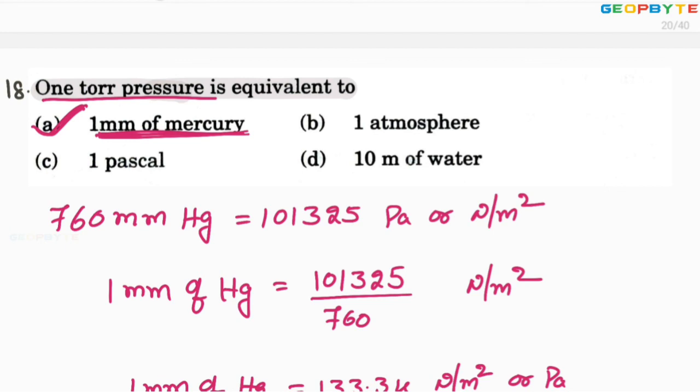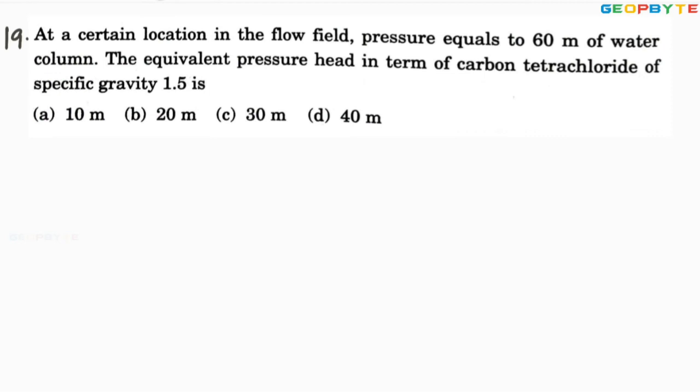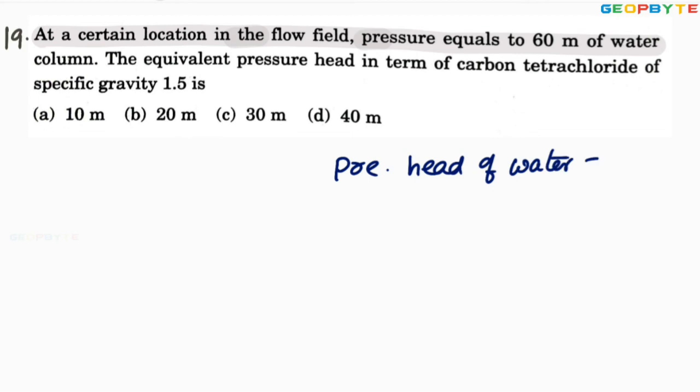Let us take one more problem. Look at the 19th problem. At a certain location in the flow field, pressure is equal to 60 meters of water. Indirectly, the pressure head of water is given, equal to 60 meters.